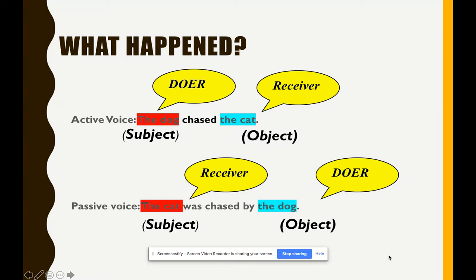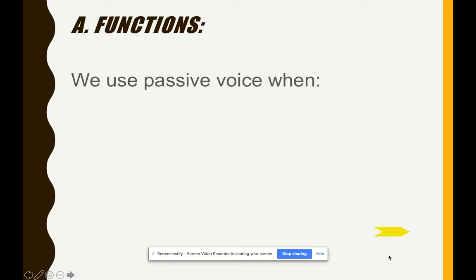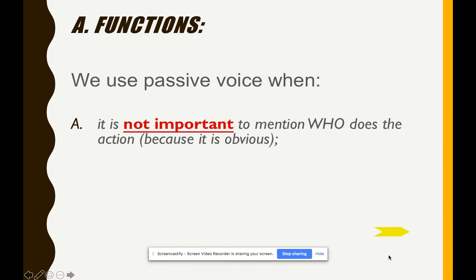So let's look at some more examples. Now, the function of it, when we use passive voice, when in three occasions. Okay, the first one is when it's not important to mention who does the action. It's not important because it's very obvious, so you don't have to mention anymore. Second one, when the doer of the action is unknown.